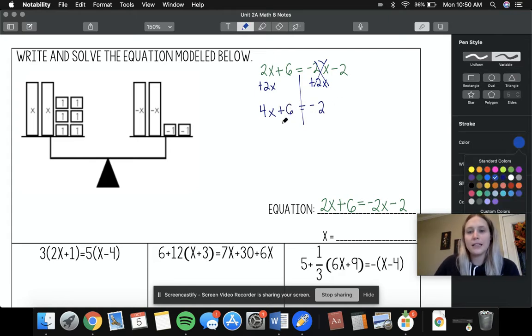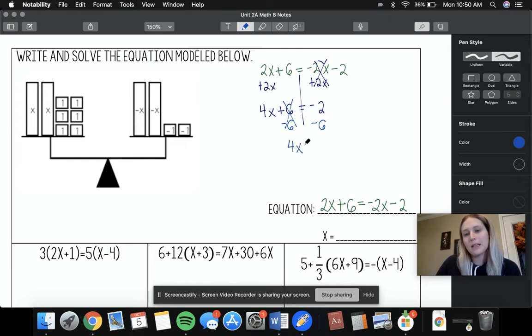Then I'm going to move the plus 6 with a minus 6, again because a positive and a negative make a 0, which is what we wanted. Then we have negative 2 and negative 6 added together, which would make a negative 8. Then we will just divide by what we see. So x equals negative 2. All right, so that is what I got.